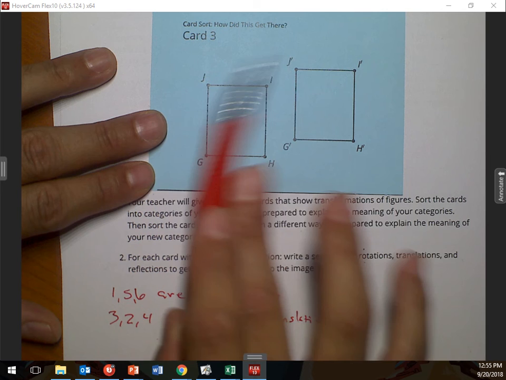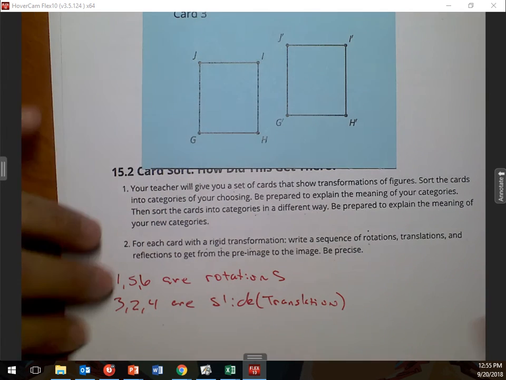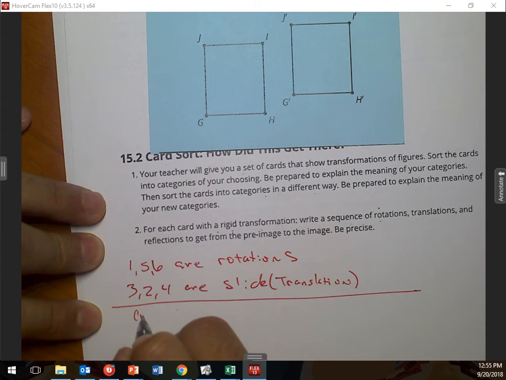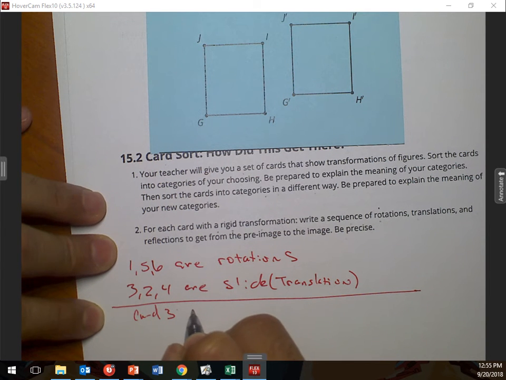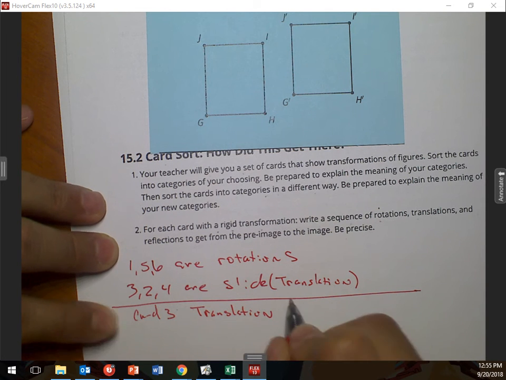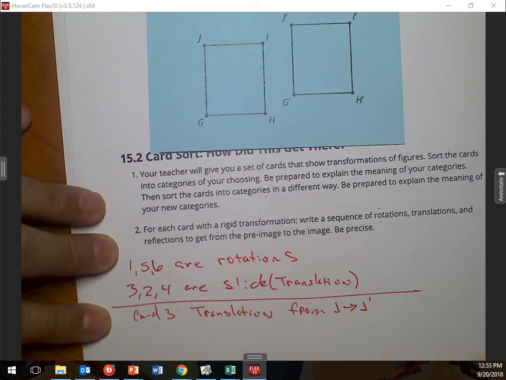So that's what you're going to write. Be precise for every single letter. So card 3 is a translation from J to J prime.